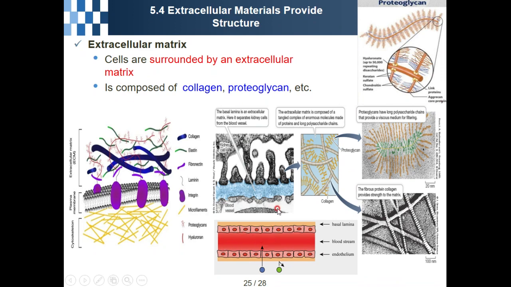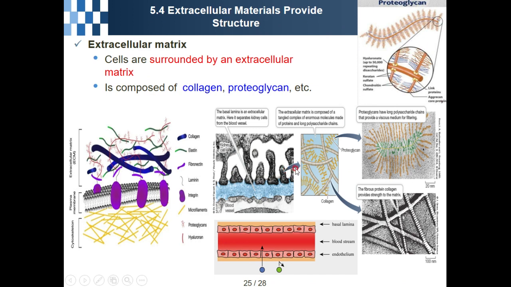So this is the kidney cell, and also this is the blood cell, blood vessel. Okay, so this is kidney cell. Next to the kidney cell, there are lots of extracellular matrix.